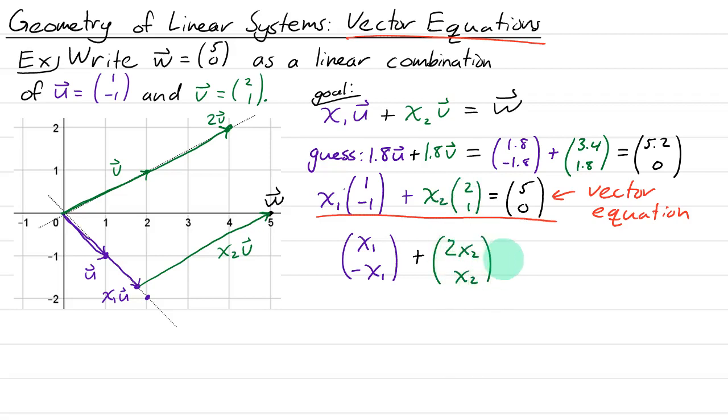And that needs to equal the vector 5, 0. Also, the sum of these two vectors is defined to be the vector you get when you add up these two components to get the new first component, and then add up the two y components to get the new y component.